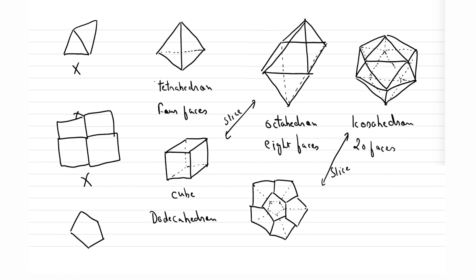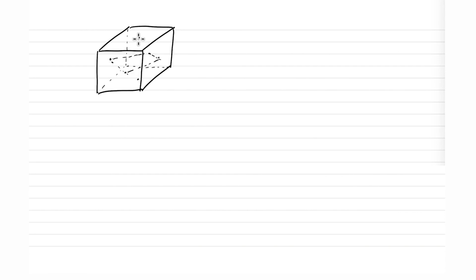So let's see, if you have a cube, you can see how the 6 points at the center of the 6 faces will actually form an octahedral geometry, right?